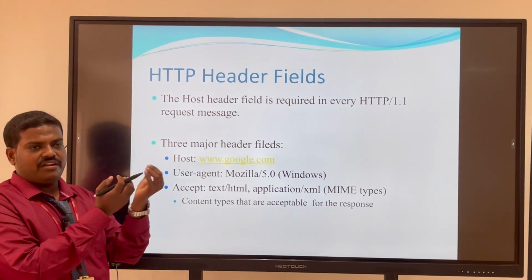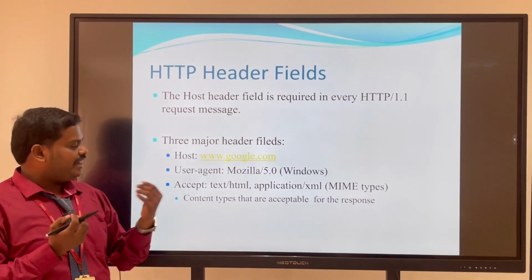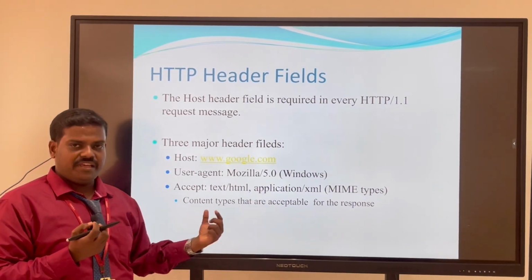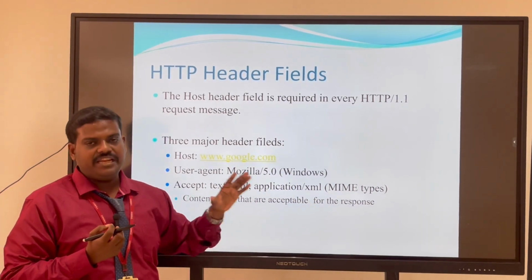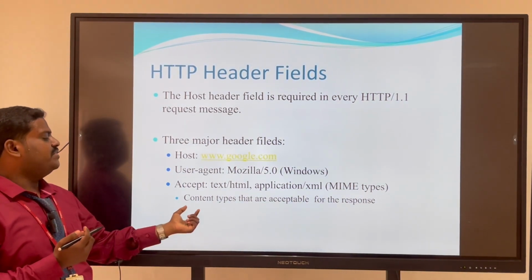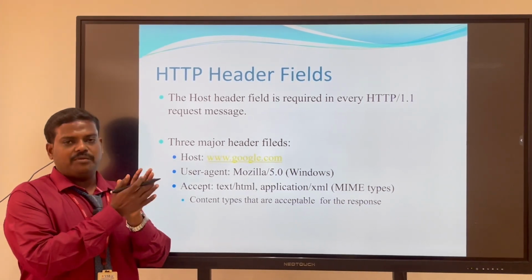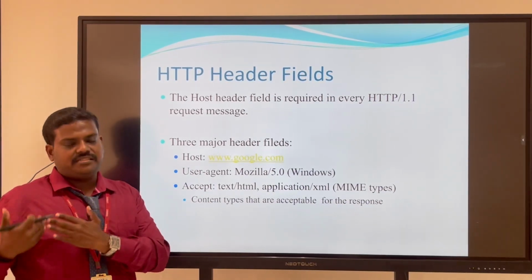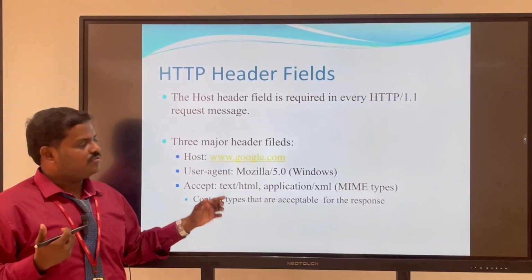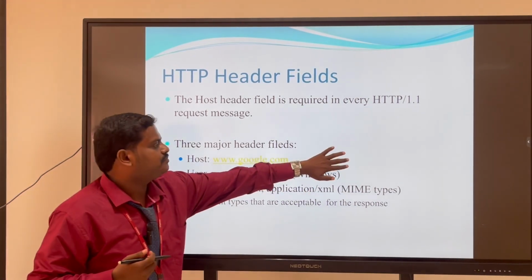Suppose I am fetching data from a particular server to a particular client in the format of an HTML file, an application, or an XML; any of the three types of accept can be used. The next important concept is content types. Content types are those that are acceptable by the particular system, that the client can understand. That is the concept called content types. These are the three important fields we can use for the header field.